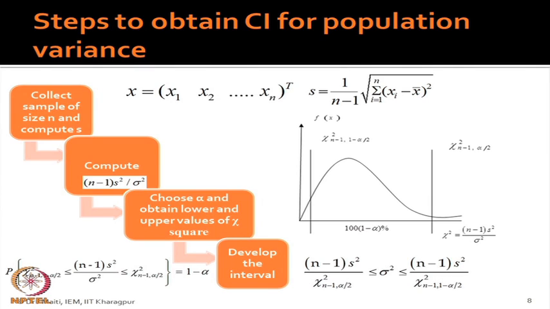If it is x bar, then you are converting into z or t. If it is sigma square, then you are converting into the appropriate statistic, n minus 1 s square by sigma square, which follows chi square distribution. Unless you know the distribution as well as the statistics required, you cannot go about interval estimation.